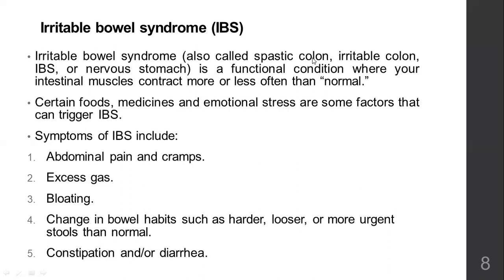The person may suffer from constipation or diarrhea. If the contractions are less than normal, the person will suffer from constipation. If the contractions are more than normal, the person will suffer from diarrhea. So in irritable bowel syndrome, you can have either constipation or diarrhea based on your contractions.